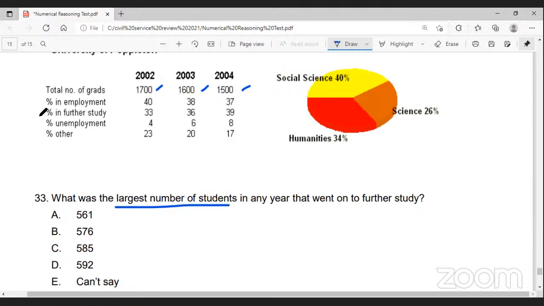Ang went to further study here, ang third: 33% times 1,700, 36% times 1,600, 39% times 1,500, and which of the result is the largest? That's the answer.